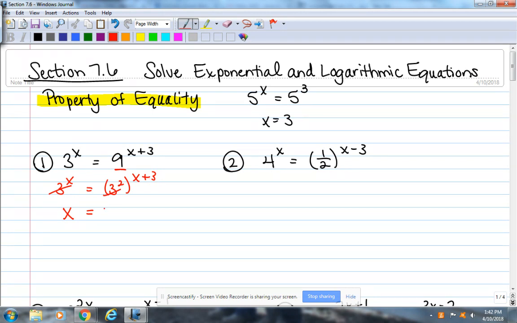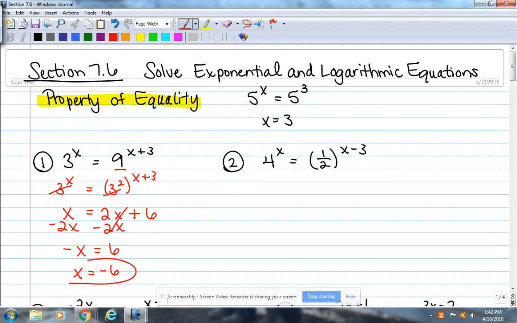So 2 times x is 2x. 2 times 3 is 6. And now it's a little bitty baby equation. So we just solve it for x. We get our x's together. Subtract 2x on each side. That gives me negative x equals positive 6. Divide both sides by negative 1 and x equals negative 6.